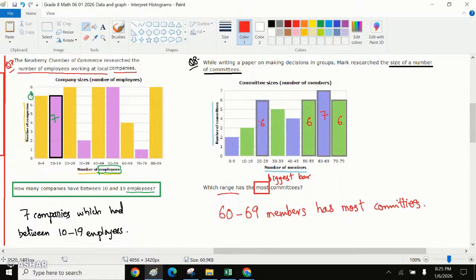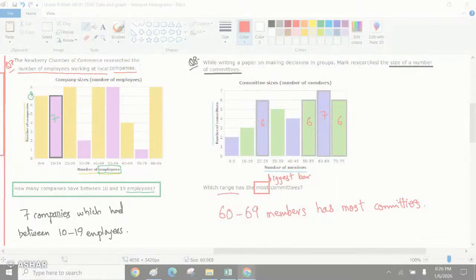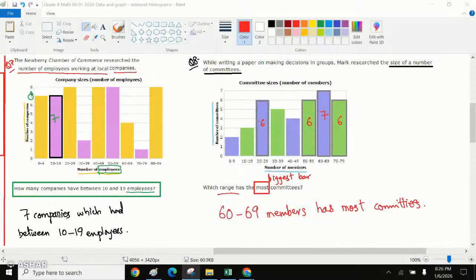When it is the minimum, we go with the lowest bar. Agreed? Any questions? Sometimes there might be something that could be confusing, so if there is any question, please do not hesitate to ask.